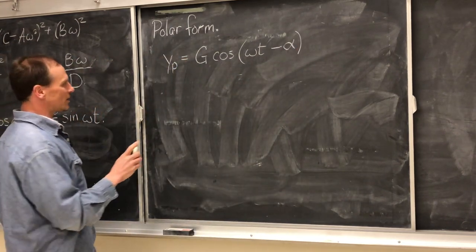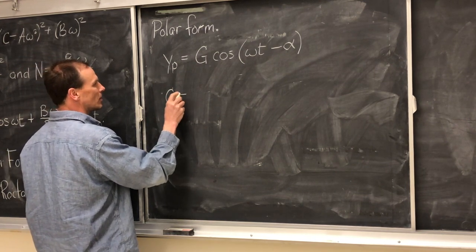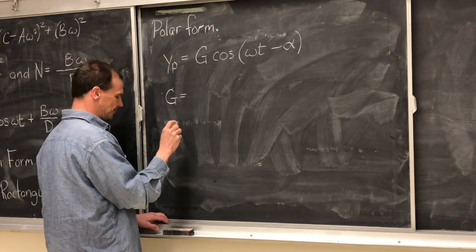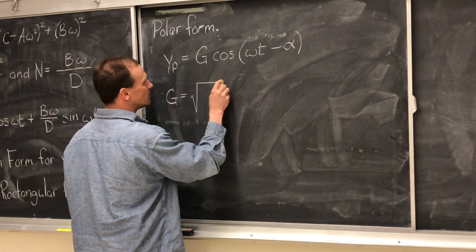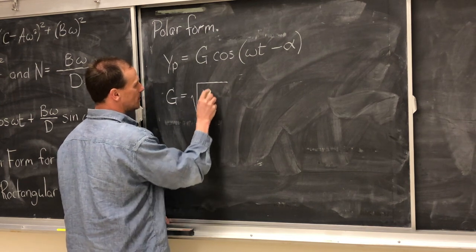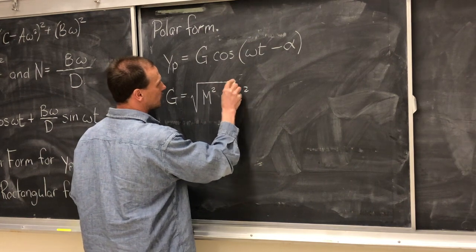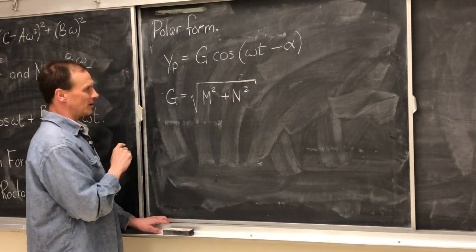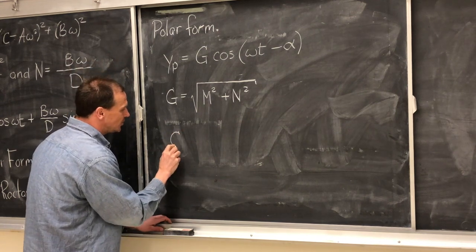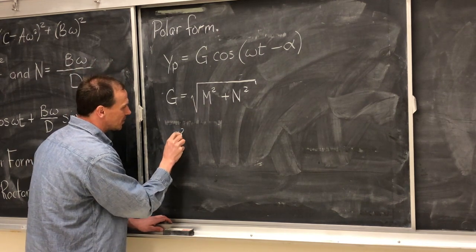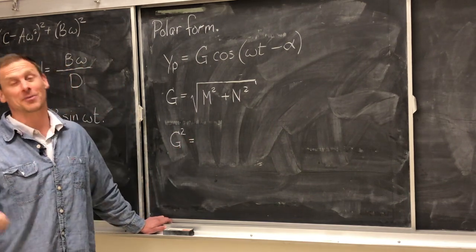And we worked out that the gain is equal to the square root of m squared plus n squared. Now, I'm going to work with G squared for a moment, and then we'll come back to G. So we're going to take all of m and square it.